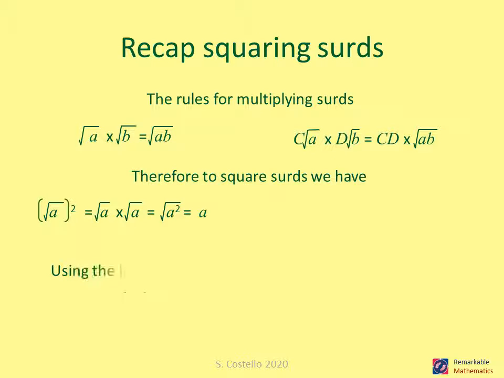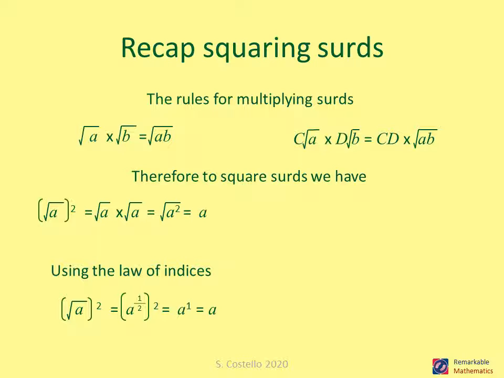If that looks a bit confusing, we'll go through it using the law of indices. Root a squared: root a is a to the power of a half, and the squared stays there. Combining the law of indices, a half times 2 is 1, so that gives us a to the 1, which is a.